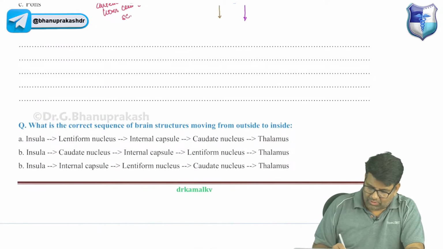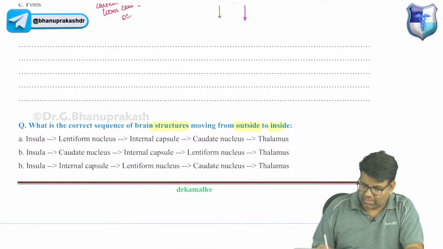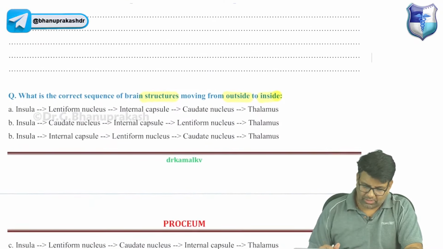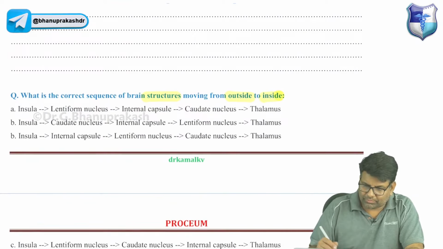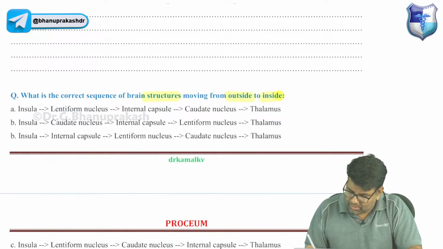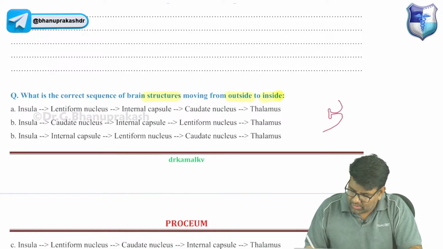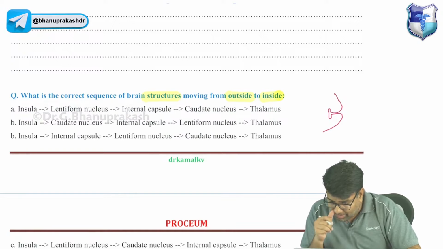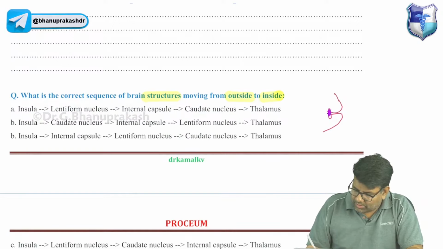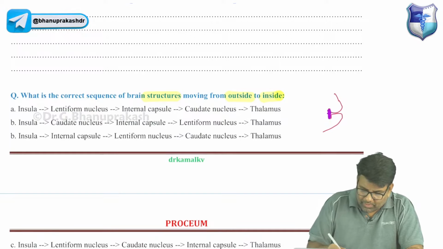What is the correct sequence of brain structures going outside to inside? Now, to understand this, here is the insular cortex.